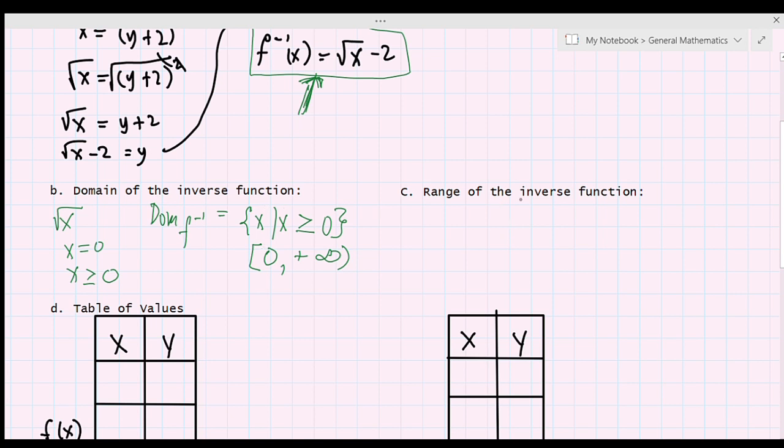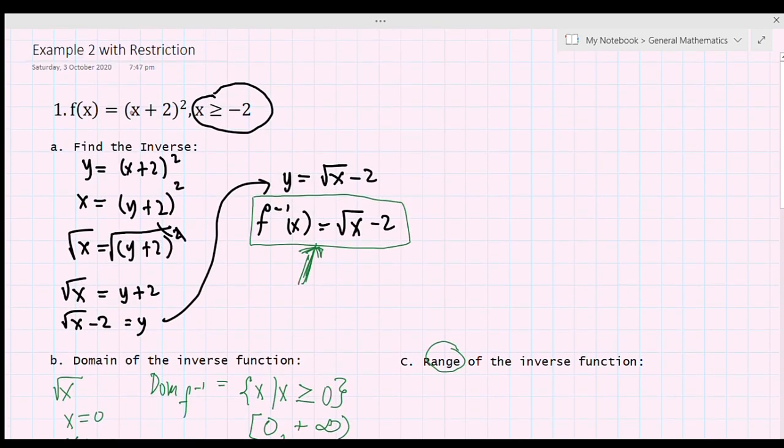Next, the range of the inverse of a function. In finding the range of the inverse of a function, we need to look at our original function and then the restricted domain. So our original function is the quantity x plus 2 raised to 2, and we have this restriction. Ito pong restriction na to, ito na yung magiging domain ng ating function, the domain of our f of x.